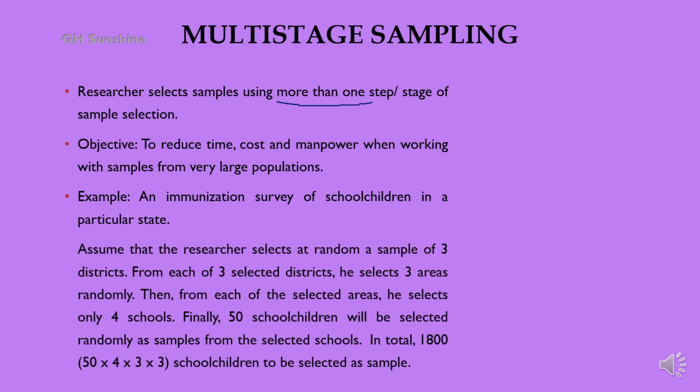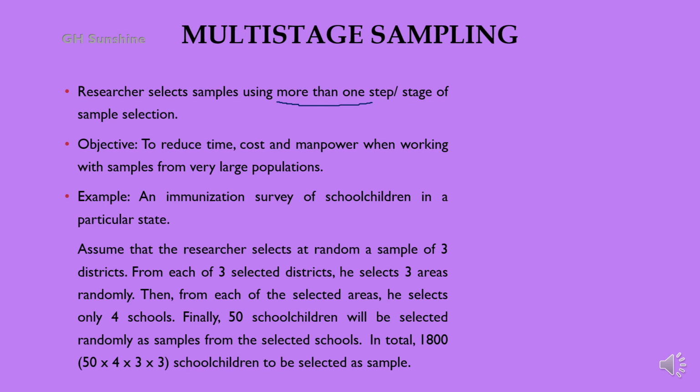Okay, assume that the researcher selects a sample of 3 districts. From each of the 3 selected districts, he selects 3 areas randomly. Then, from each of the selected areas, he selects only 4 schools. Finally, 50 school children will be selected randomly as samples from the selected schools.